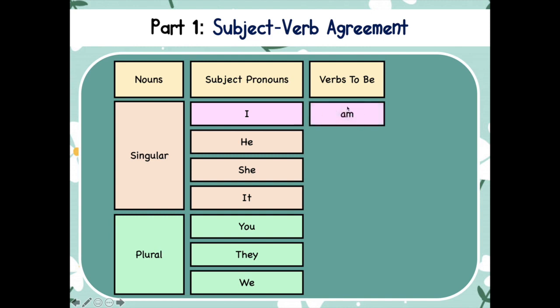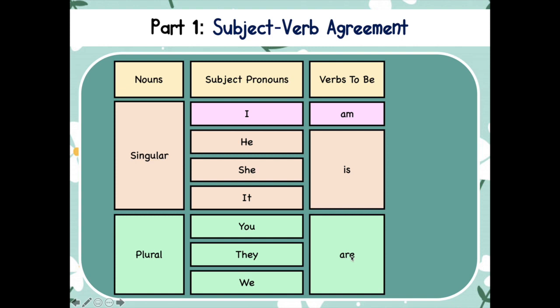Please remember, am is only for the subject pronoun I. Am is always with I. Next is the verb to be for he, she, and it: is, because this one is for singular. Next is the verb to be for you, they, and we: are. Are is for plural nouns.